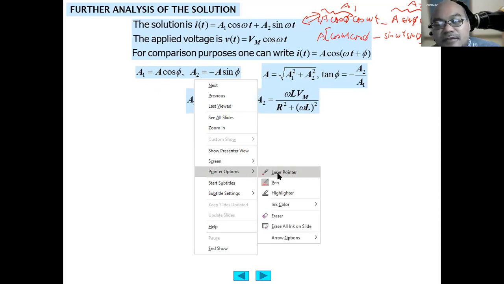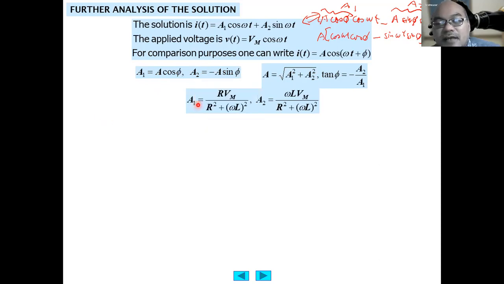Then from the previous derivation in the previous slide, we will obtain A1 equals to R Vm divided by R square plus omega L square. A2 equals to omega L Vm divided by R square plus omega L square.